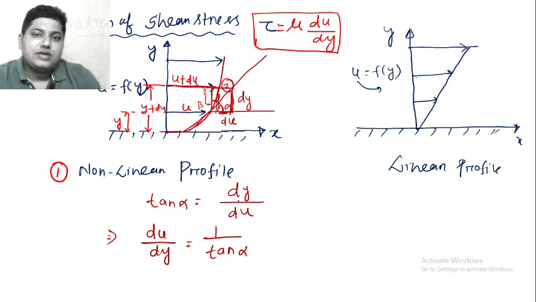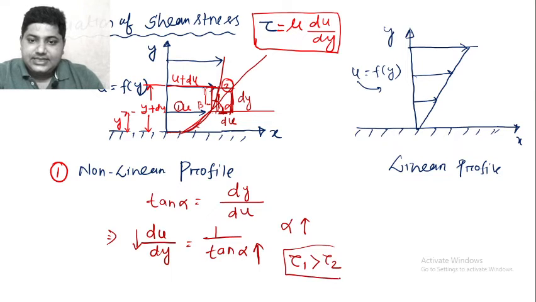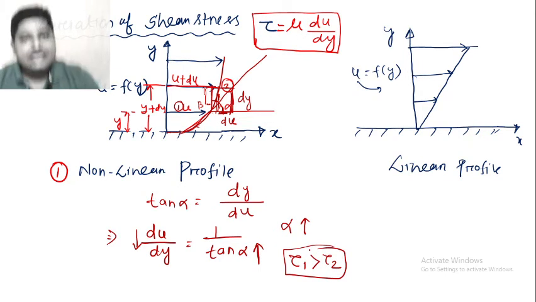Now you see, as you are moving in the forward direction, the alpha value is increasing. If the alpha value increases, then tan alpha increases, and tan alpha increasing means du by dy decreases. So we can say the shear stress at the first layer will be greater than the shear stress at the second layer, because alpha is increasing in the forward direction.